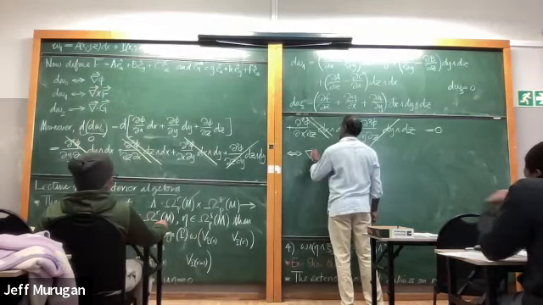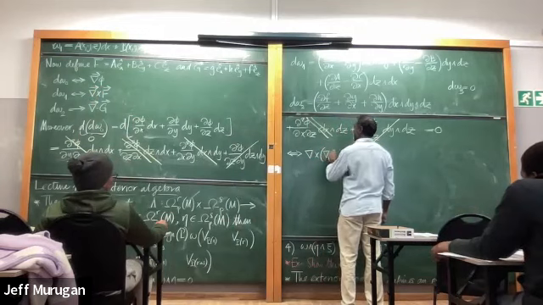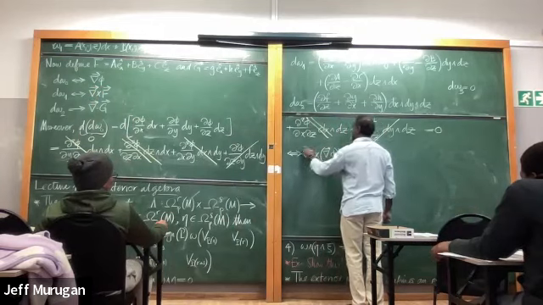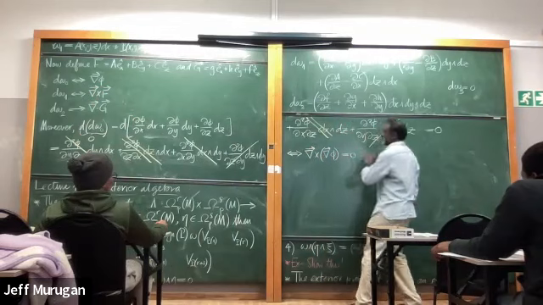Nothing but the statement that the curl of a gradient is equal to 0.